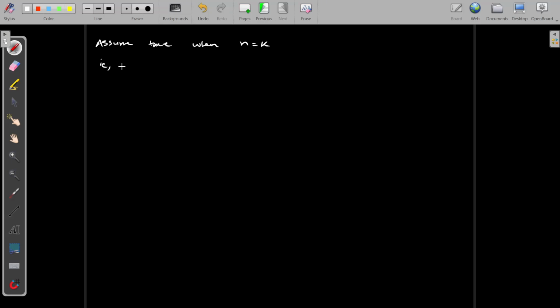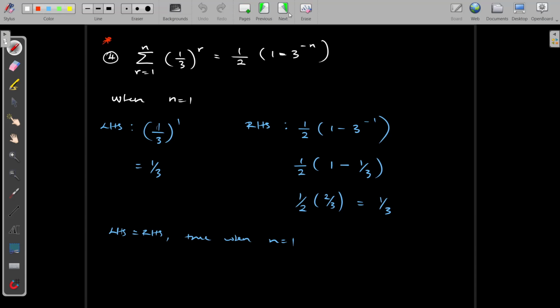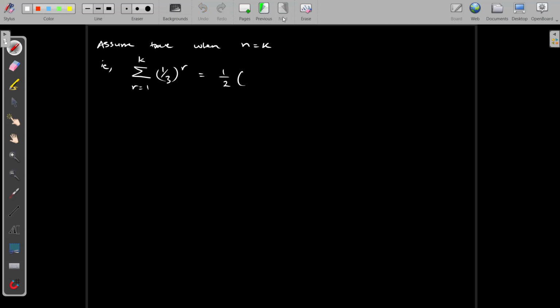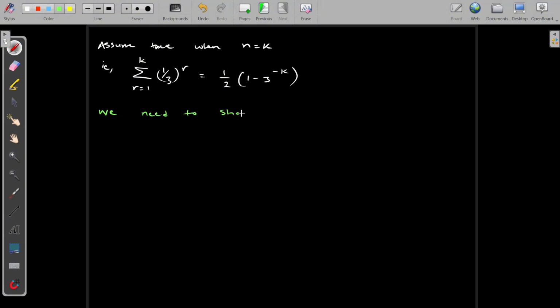So that is the sum up to k is equal to a half times, alright, so this is what we're working with. Then we need to show true for n is equal to k plus 1.